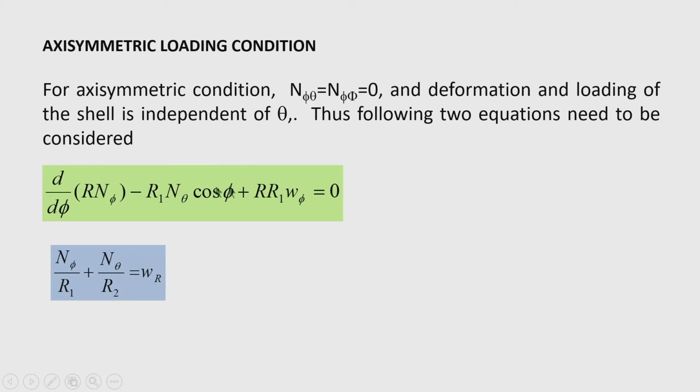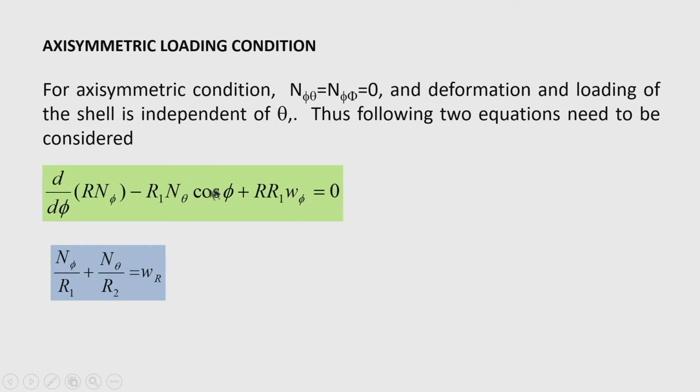And we have seen these are the two equations: d d phi, the derivative of r N phi with respect to phi, minus r 1 N theta cos phi plus r 1 W phi equal to 0. So, it indicates that it is the equation of equilibrium obtained by summing up all the forces along the tangent to the meridian, because the component of the external load along the tangent to the meridian is W phi.